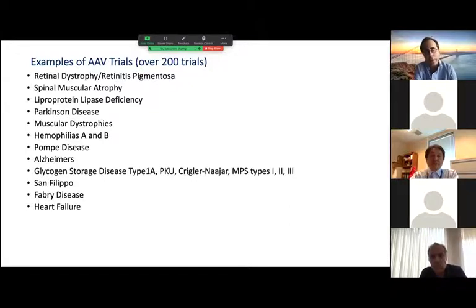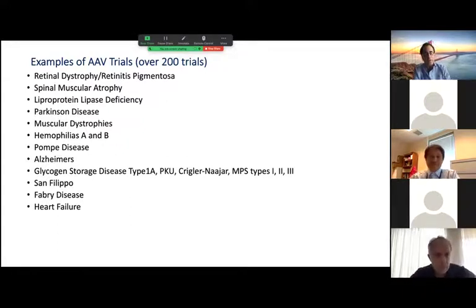Spinal muscular atrophy, SMA, there's an AAV vector for that. That's also been FDA approved. And there's been a lot of remarkable outcomes with this.